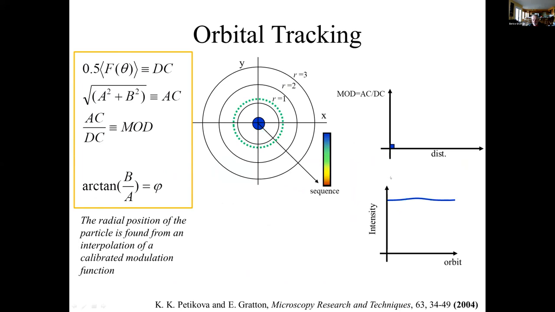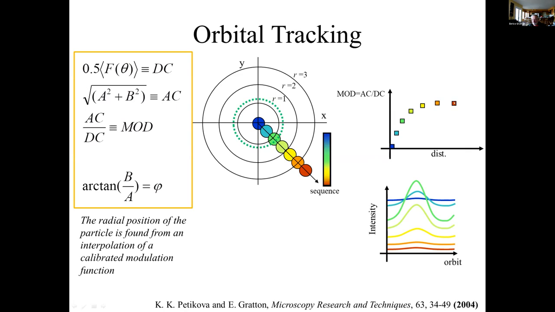And later on, if we continue to move the particle, you will see that when we cross the orbit, that will be the maximum of the modulation, and then the modulation will continue to increase. It is important that the function of the modulation has that behavior, because the modulation is minimal at the center.